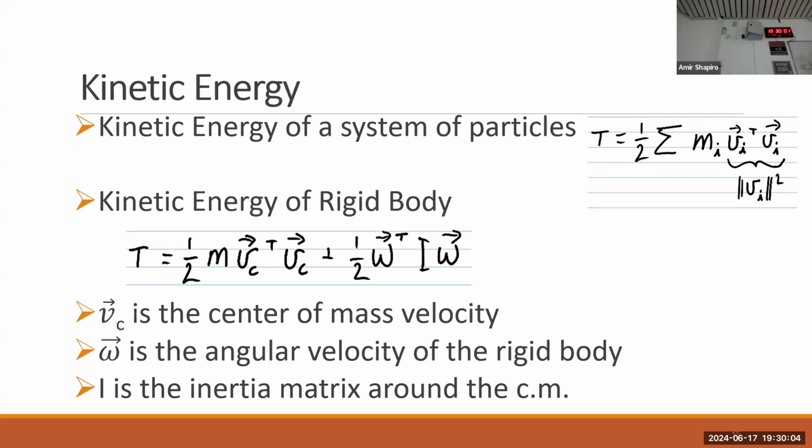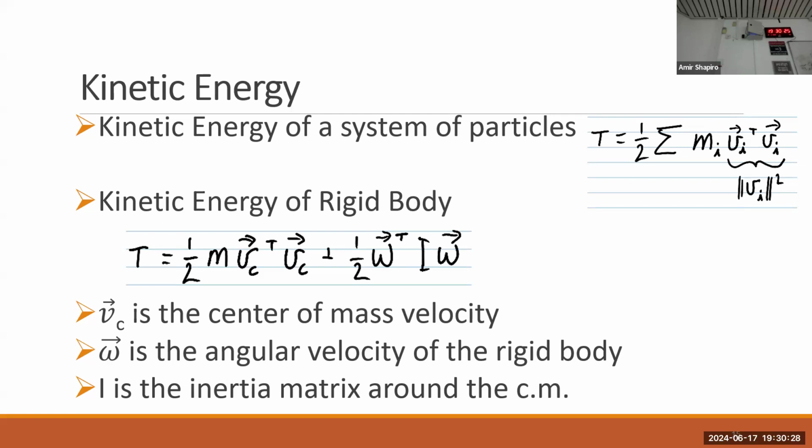So angular velocity transpose times the inertial matrix, the three-dimensional 3x3 inertial matrix of a rigid body. So half omega transpose I omega is the kinetic energy of rotation.